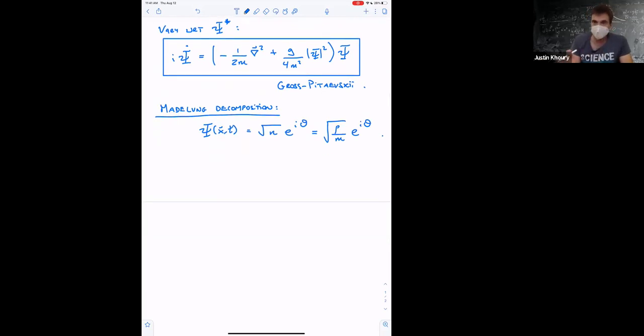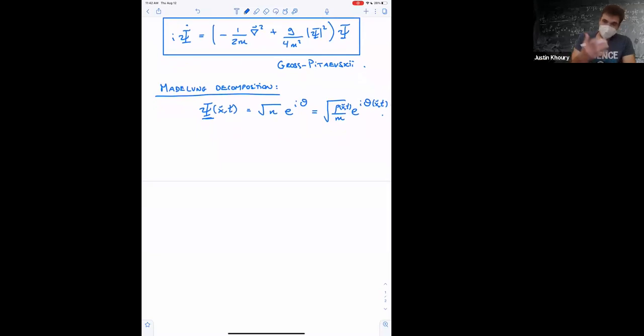And what will happen momentarily is you see that I'm splitting the complex wave function in terms of two real variables. So both rho here and theta depend on space and time. So you decompose it into two real variables, and the above Schrodinger equation will itself decompose into two real equations, two first order real equations.